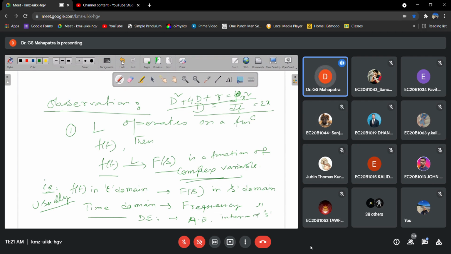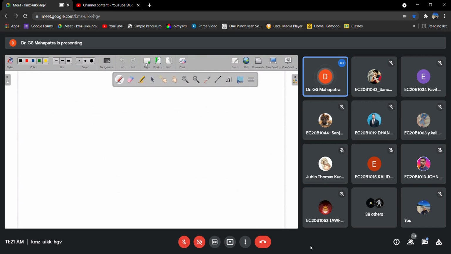So next, what are the next observations? Observation 2. Now you have studied all these things in 12th standard, and I am going to discuss that. The Laplace transform, as you already know, is an integral transform. What is that integration? 0 to infinity.